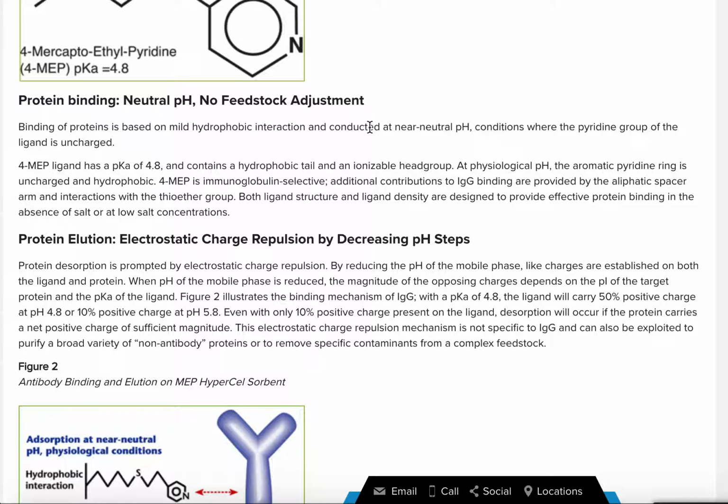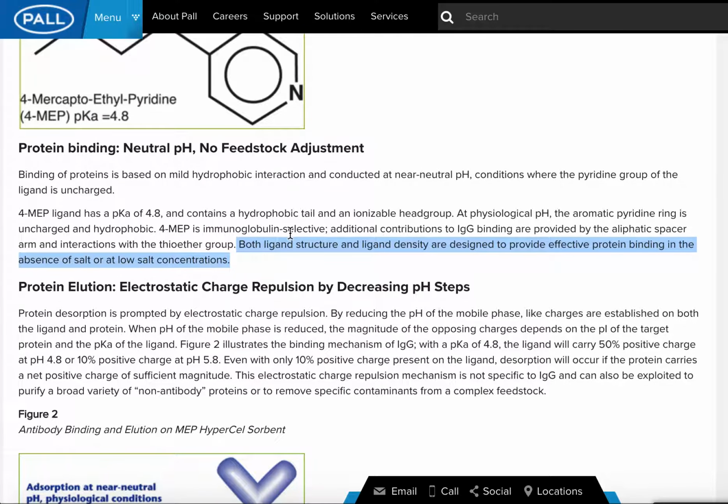Additional contributions to IgG binding are provided by the aliphatic spacer arm and interactions from the thioether group. Both ligand structure and ligand density are designed to provide effective protein binding in the absence of salt or at low concentration. So the ligand structure is important.